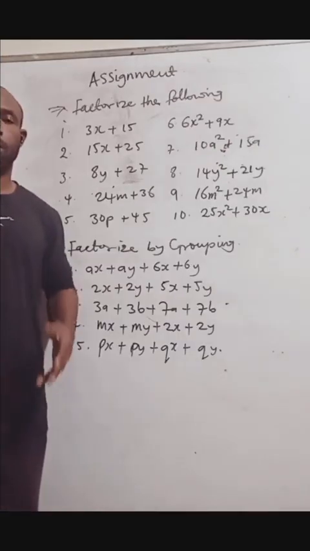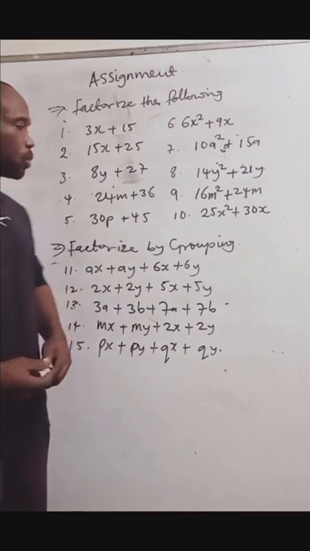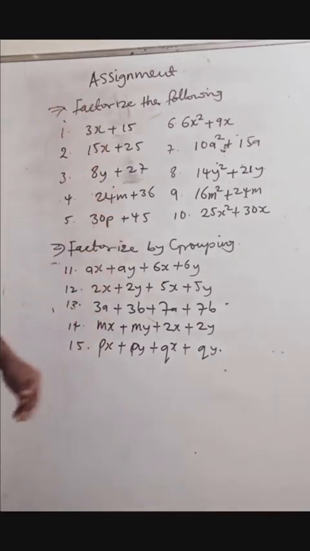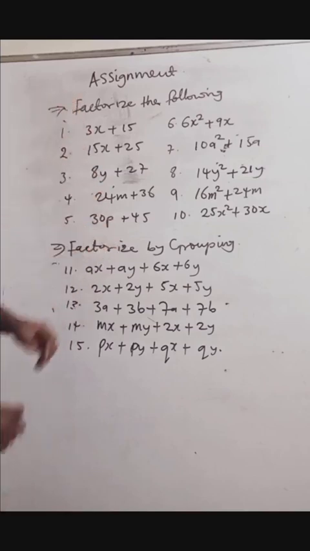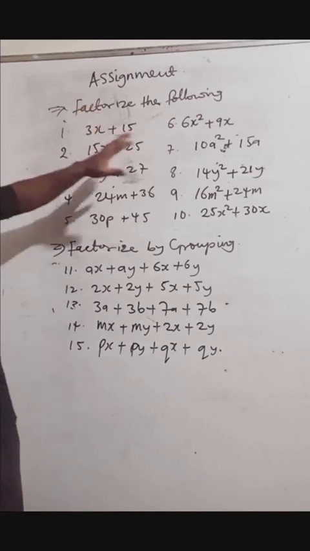When you get to this part of the video, pause the video and answer these questions. The questions are made up of two parts. The first part contains mixed questions.